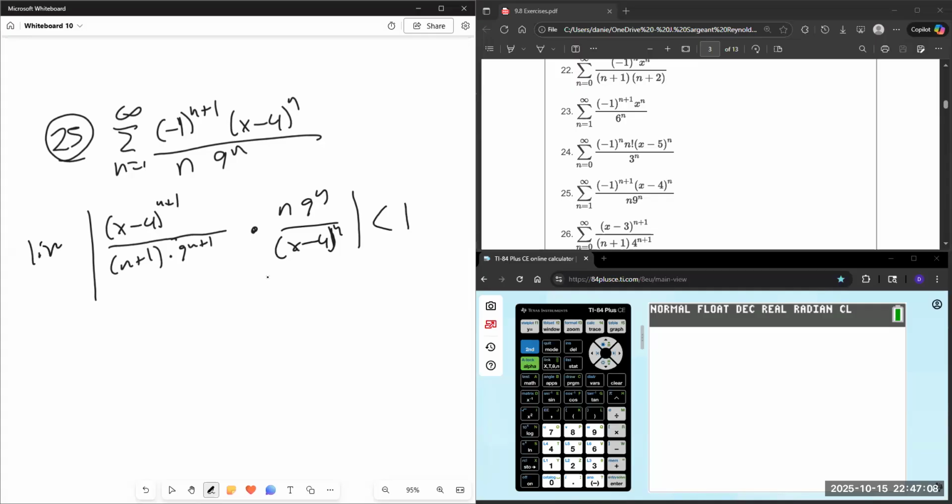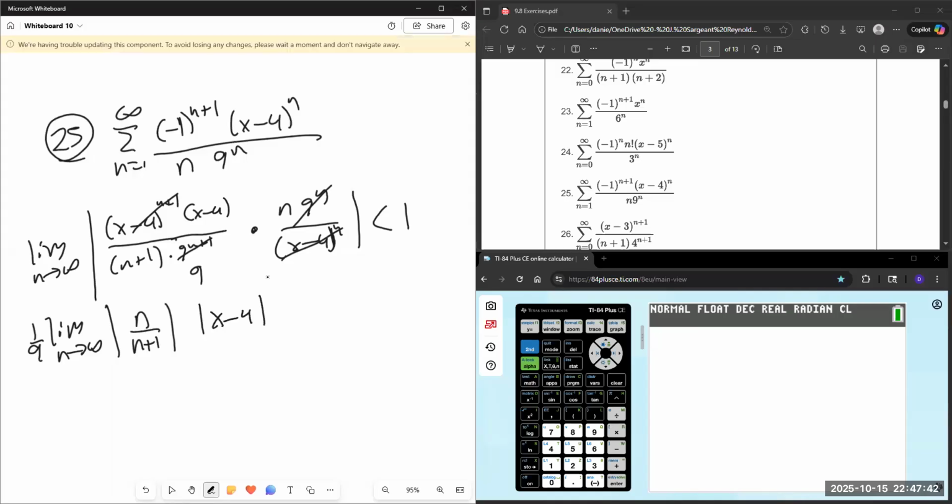Up front, I need the limit as n goes to infinity. So limit as n goes to infinity of, then this is going to be 9 down here, and I have an x minus 4 up here, and I have n over n plus 1, and I have a 1/9 here, and I have absolute value of x minus 4.